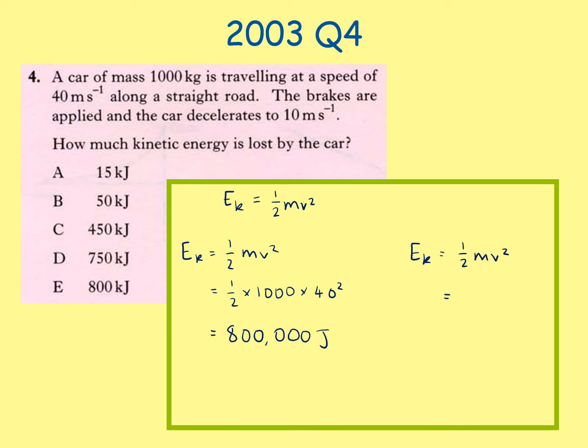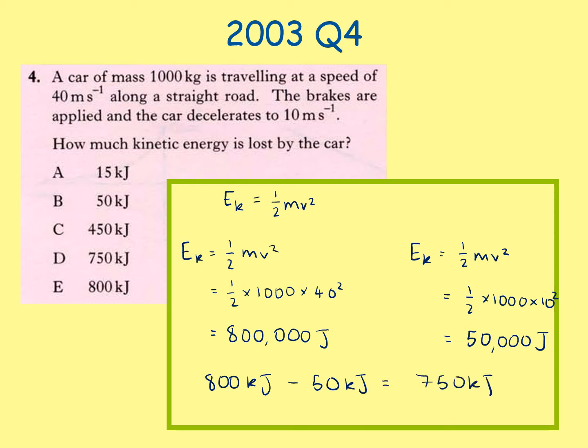So EK is a half mv squared, which is a half times 1,000 again, times by 10 squared this time. This gives us 50,000 joules. So 800 kilojoules minus 50 kilojoules gives us 750 kilojoules there. This is an answer of D.